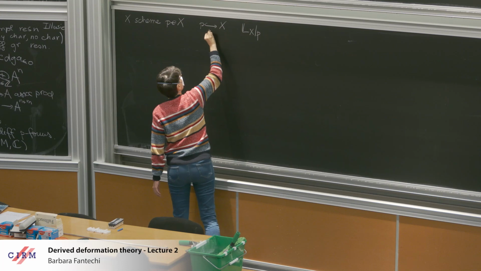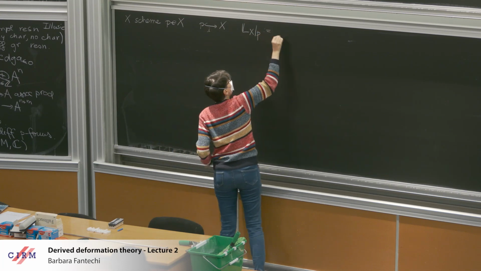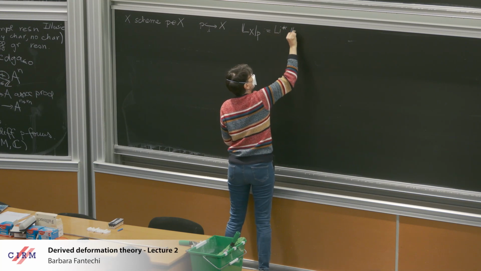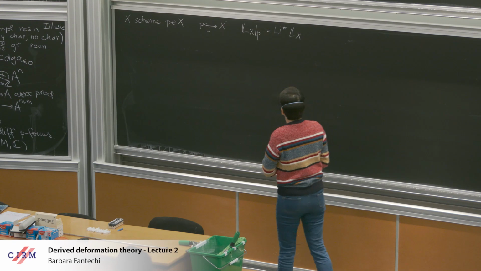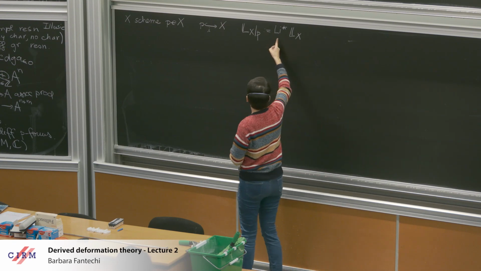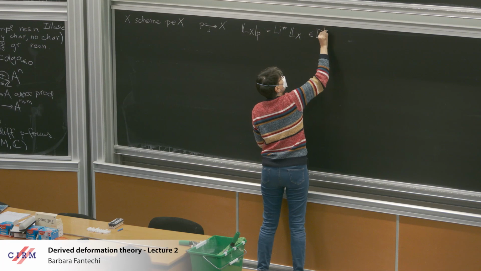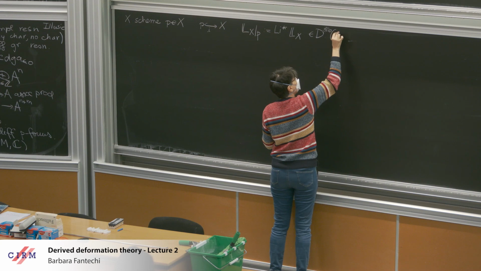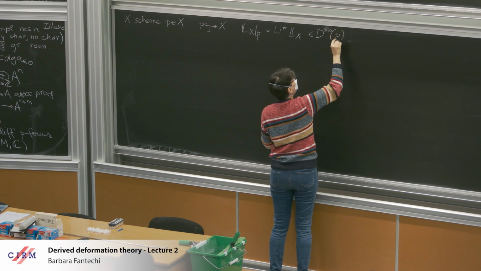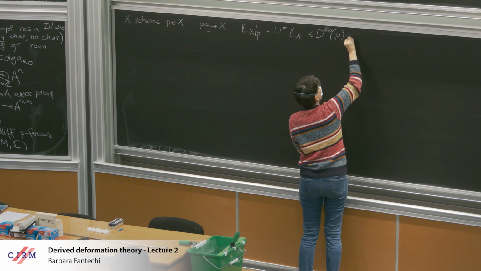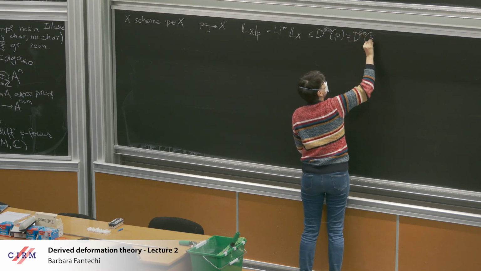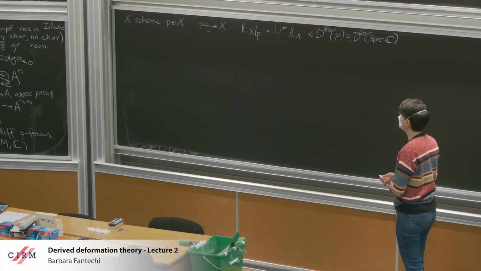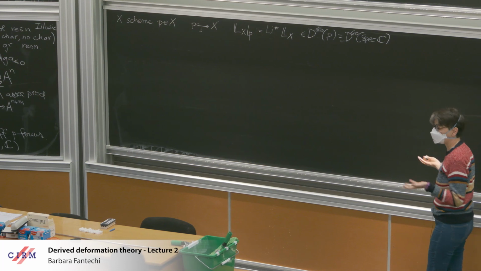Or if you want, you call this the inclusion, and this is the derived left pullback of LX. And now this is a complex on P, but this P is Spec C. And if you are working with Spec C, of course, the derived category is not very exciting.